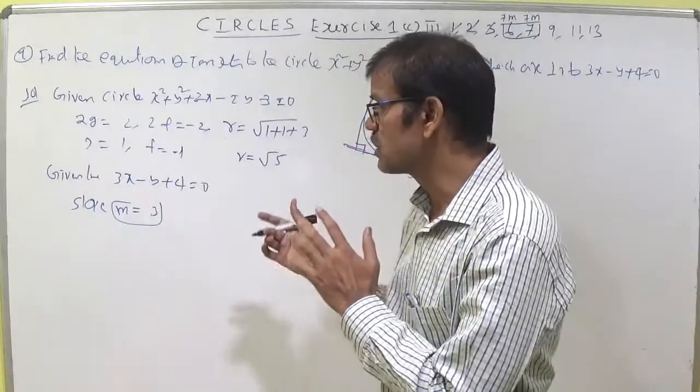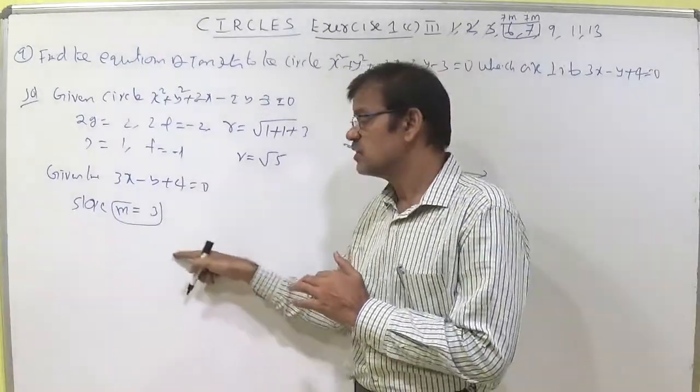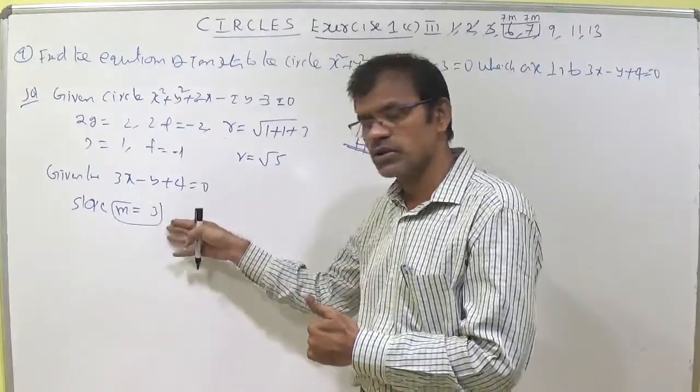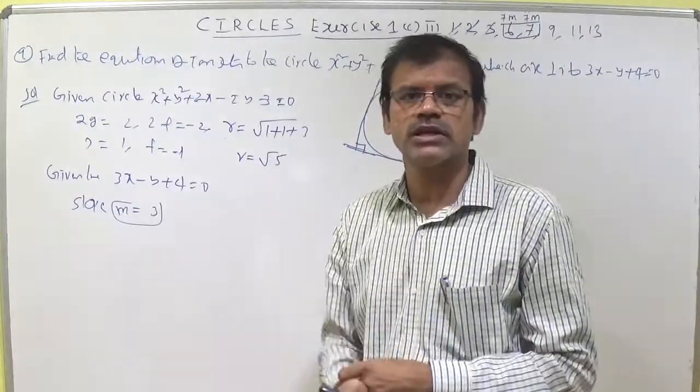Whenever he gives a perpendicular tangent, you should write the slope as minus 1 by m. This is the original slope, and the perpendicular slope is minus 1 by m.